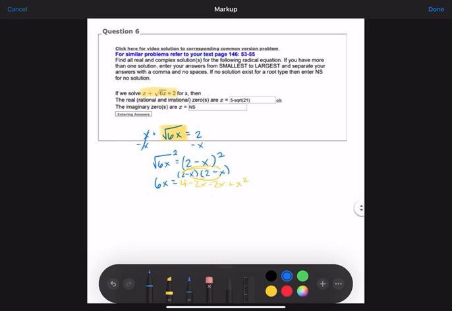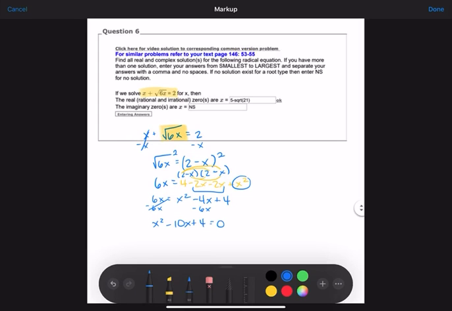So I'm going to go ahead and simplify this. I get 6x equals x squared minus 4x plus 4. And then I want to go ahead and move the 6x over here. So I get x squared minus 10x plus 4, and I'll set that equal to 0 so that I can solve it.